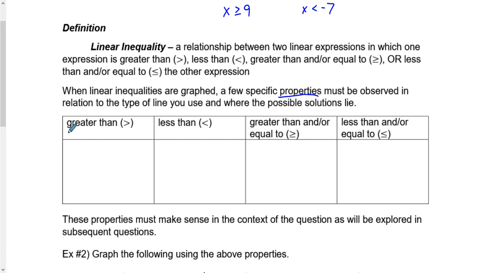Greater than. If you have a greater than sign in your equation, the line is going to be dashed, or another term for it is stippled.